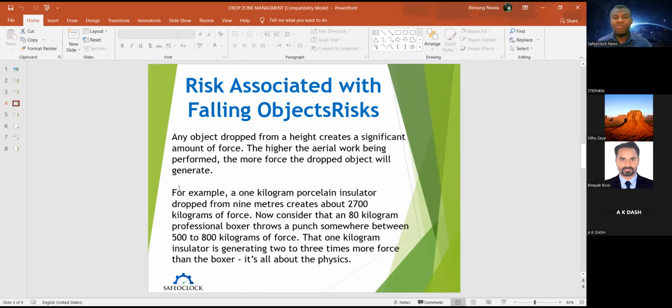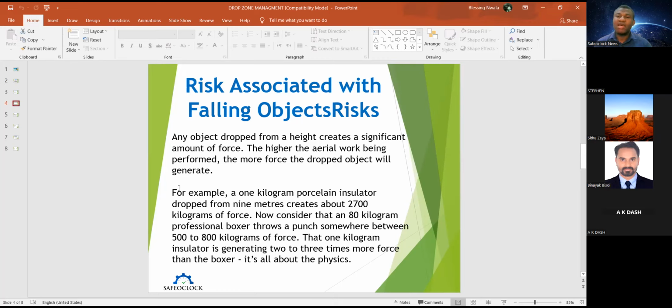Just 9 meters of fall of a 1 kilogram object, before it reaches the ground, it has up to 2,700 kilograms of force. This tells you that as the object is coming down, it's gathering more force, so there is possibility of causing more serious harm as it gets to the ground.